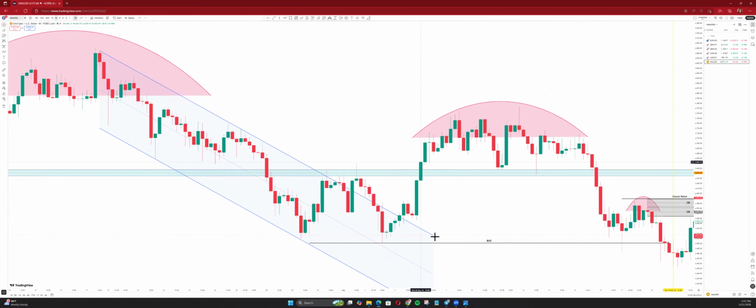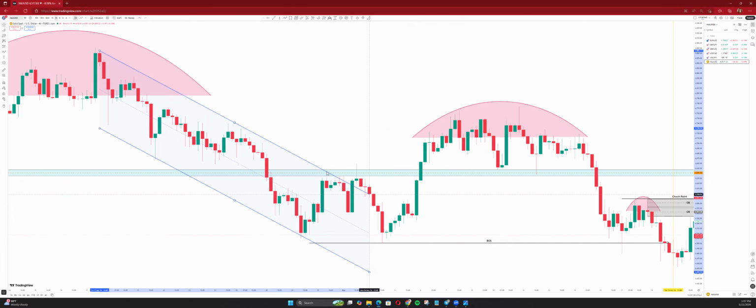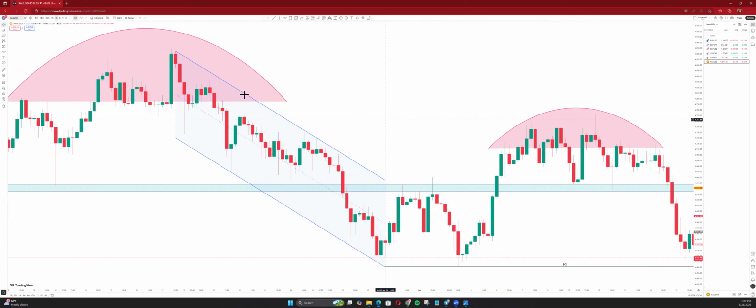If you notice how markets, let me just shrink this a bit to this point. Yeah, so this is fine. So if you notice how markets kept making, from a high point, it made a low point, it made a high point, it made a low point here, it made a high point here.